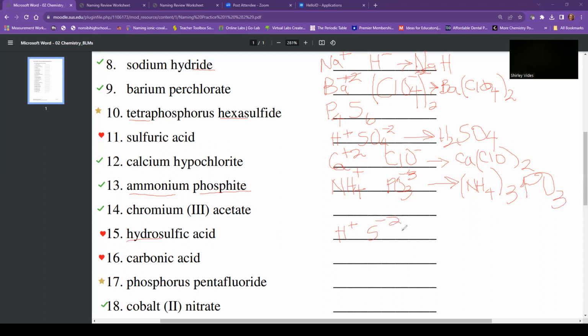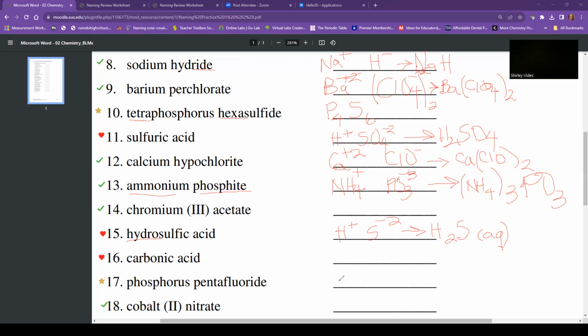So when we crisscross, we get H2S. But remember, since this is binary, this is what you were asking about, Kashun, we get aqueous. Otherwise, it's not the acid.